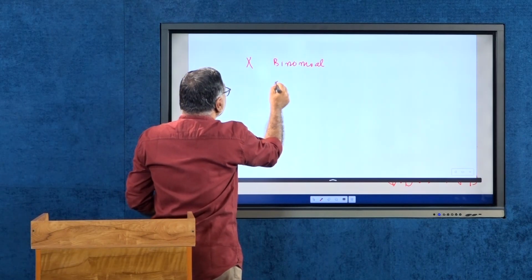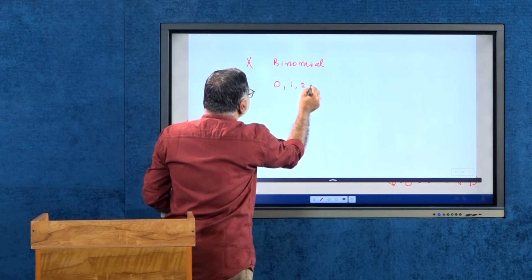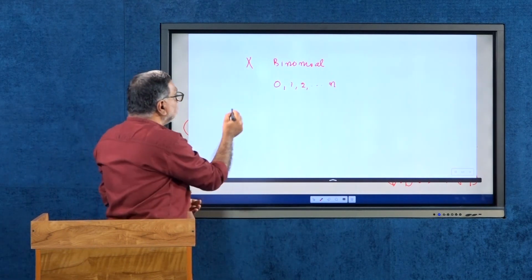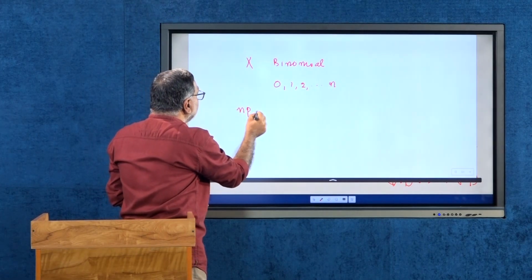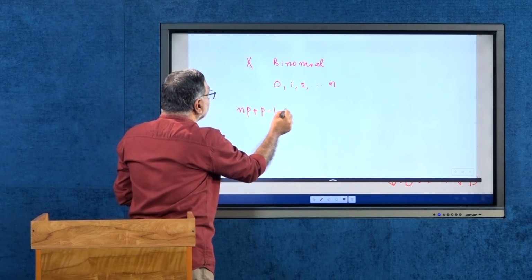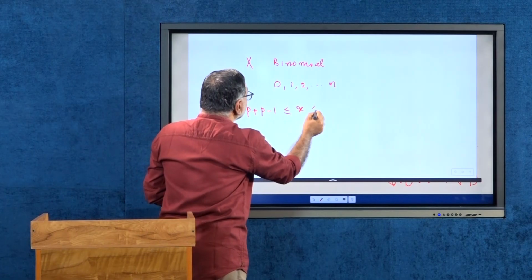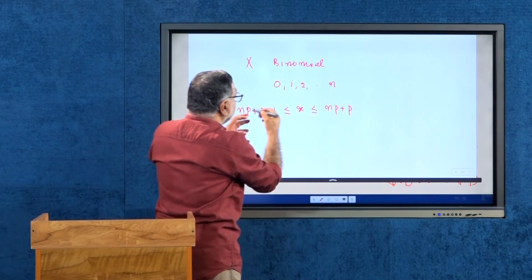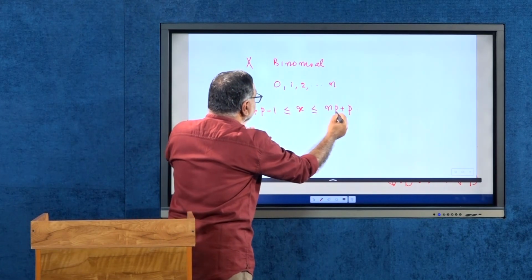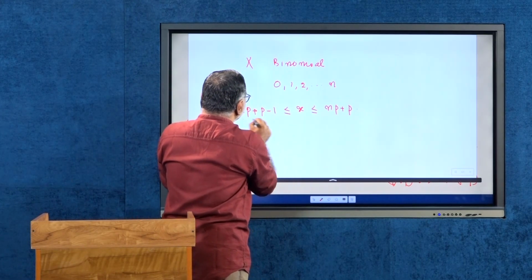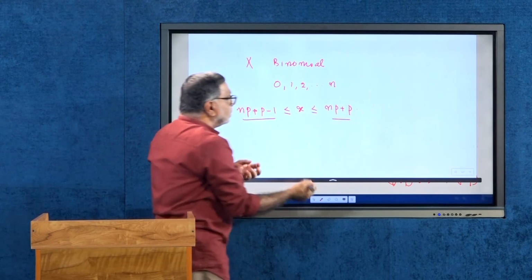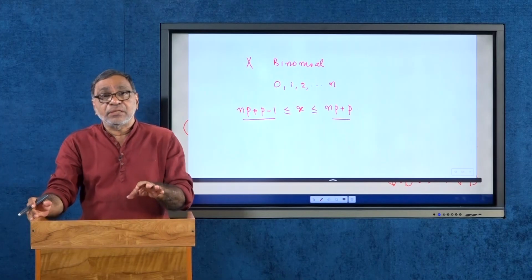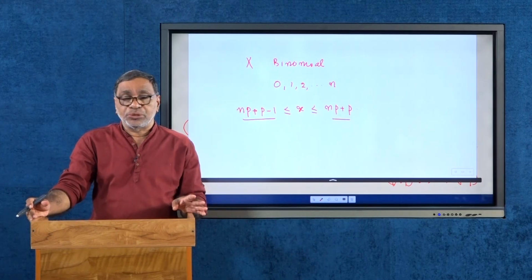So, that means it can have the values only like 0, 1, 2 etcetera up to n. Any value x satisfying these two expressions, np plus p minus 1 and np plus p, you identify the integral values, and that integral value is the mode of the distribution.